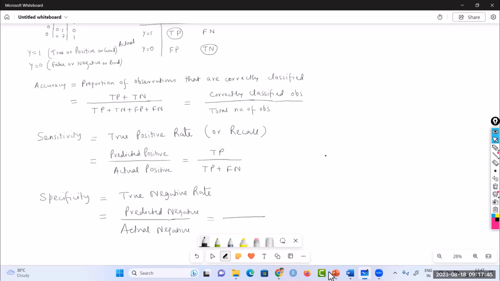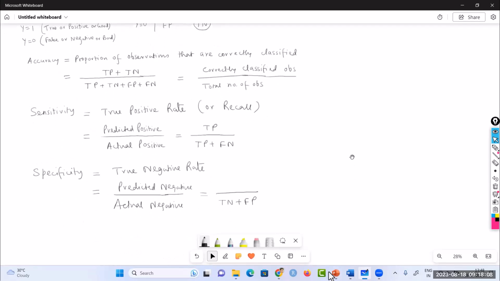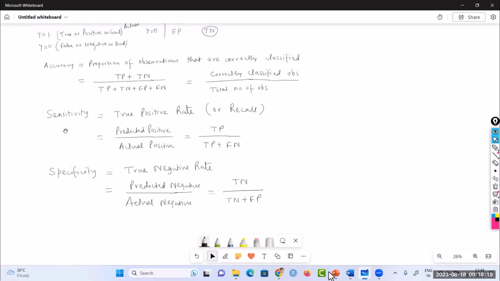So actually y equal to 0, that means false positive plus true negative. And how many are predicted as negative? So true negative. So accuracy, sensitivity, specificity.